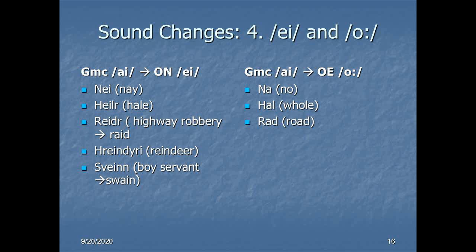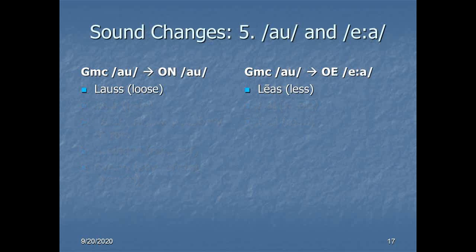We keep them both, but the Old English is our general word, and the Old Norse version is raid, which of course it already meant in Old Norse. The last sound change that I want to talk to you about is the transformation of the Proto-Germanic au into ea on the part of Old English, while it maintained its older pronunciation in Old Norse.